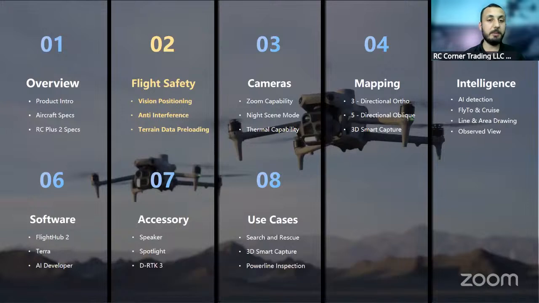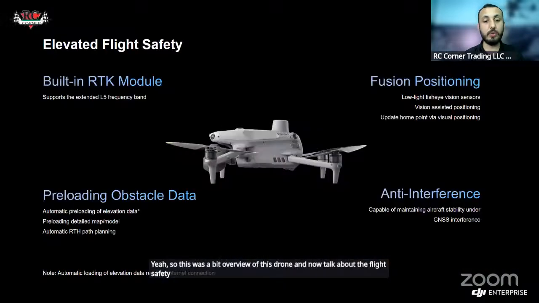Yeah, so that was a bit of an overview of this drone, and now let's talk about flight safety. This drone has a built-in RTK module. Previously, with the Mavic 3 series, the RTK had to be inserted, and this one comes with a built-in RTK module.